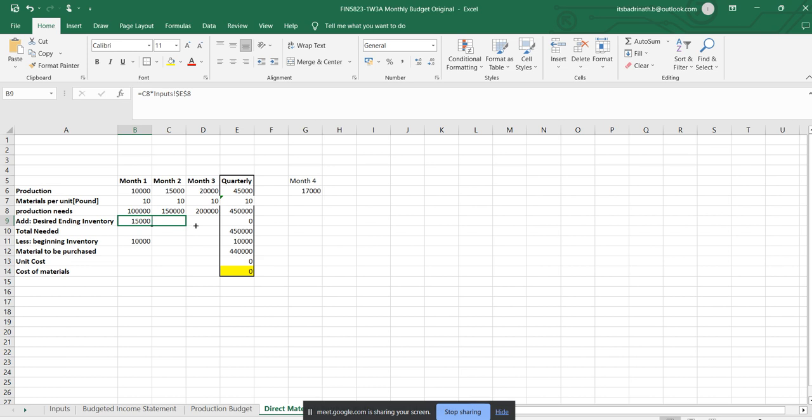So for these two, I'm lagging them, and this will be incorrect because this is taking the value of this one, but we are supposed to take the value of month four. So month four, that's what we are supposed to calculate. Month four total units will be this.